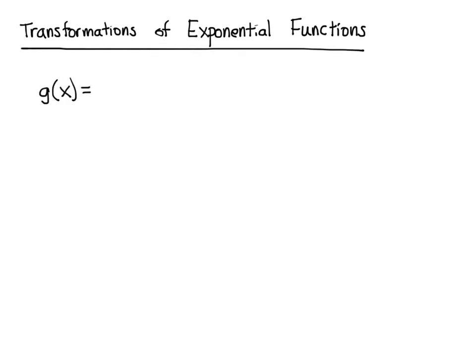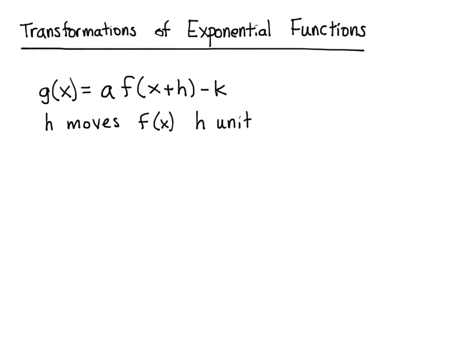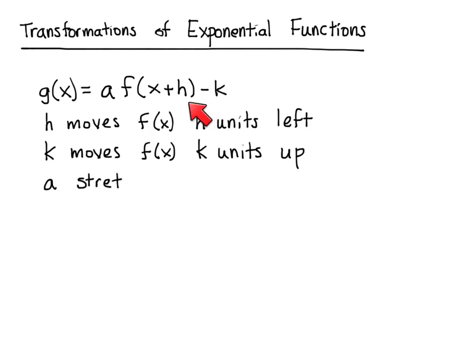To remind you how that goes, remember if we have this function g to the x, and then we say f of x is any function, that h here moves it h units to the left, and then k moves it k units up, although I probably should make that a positive k.